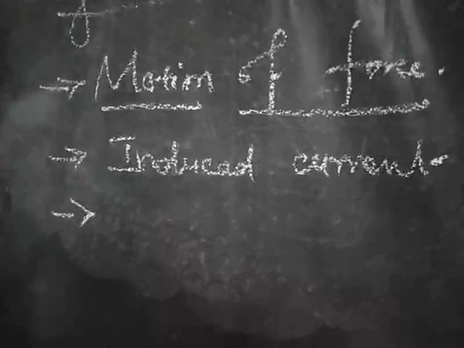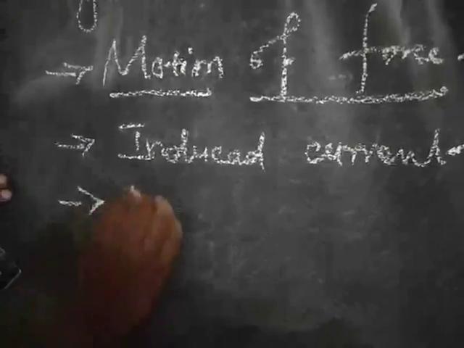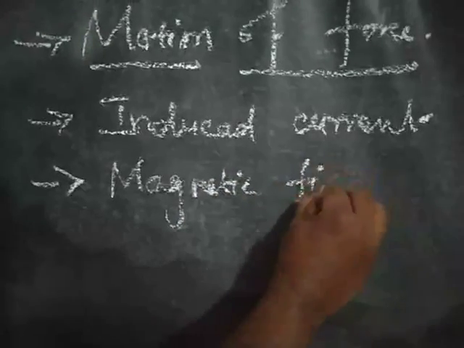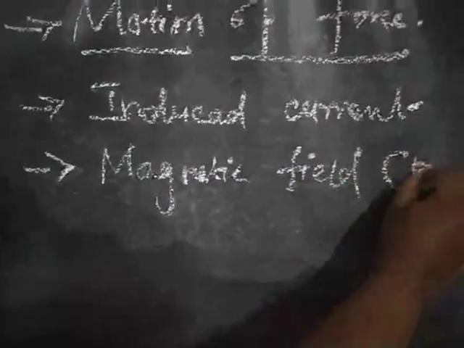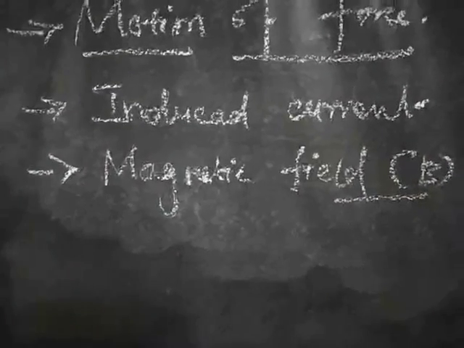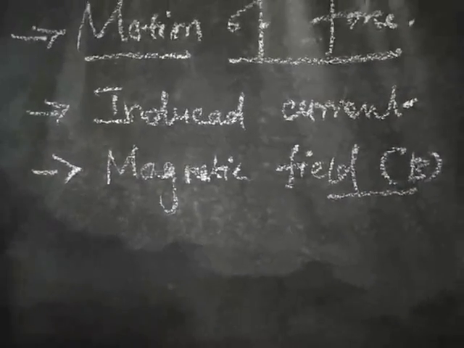The forefinger shows the magnetic field. What is the symbol for magnetic field, ma? Capital letter B.